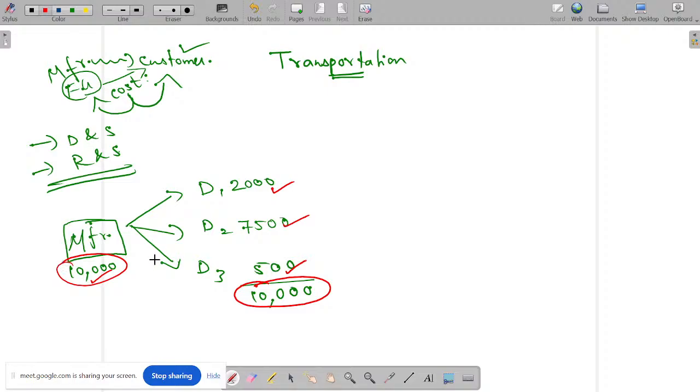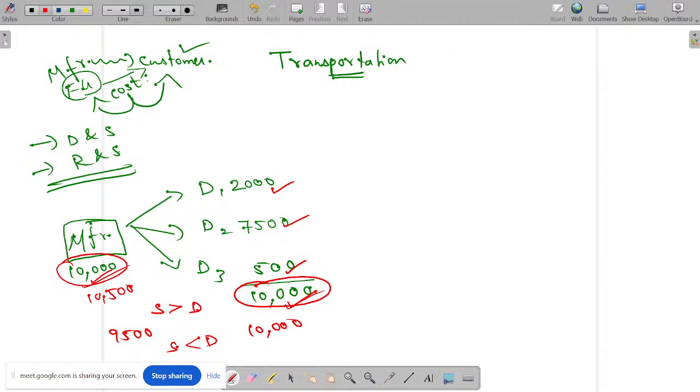Sometimes the supply may be 10,500 but the demand only 10,000, which is the concept in economics where supply is more than demand. Or sometimes the supply may be just 9,500 but the customers' need may be 10,000, which means demand is greater than supply. It need not always be the same.